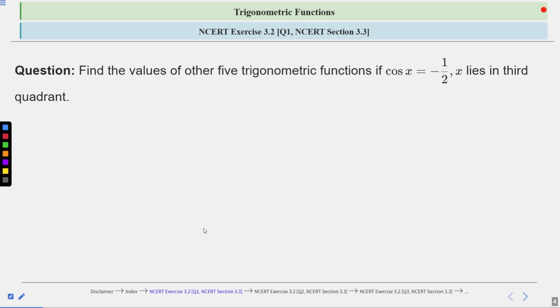After finding sin x, we can find tan x, cot x, cosec x and sec x. In this way, we can easily find the values of different trigonometric functions, okay?